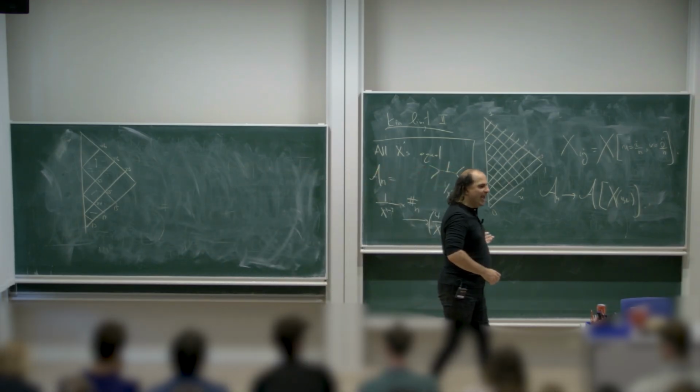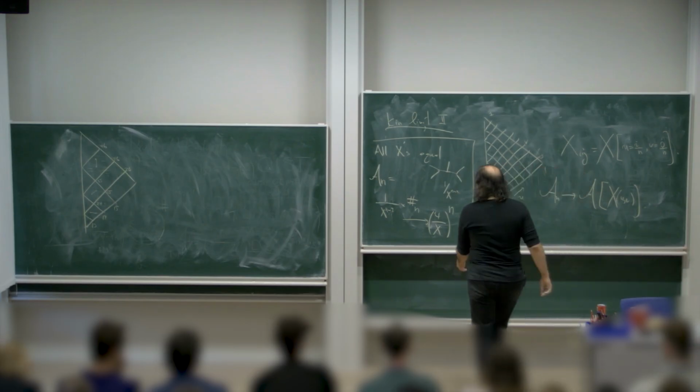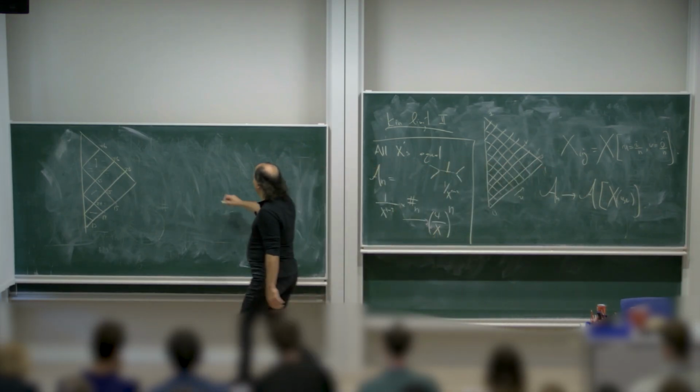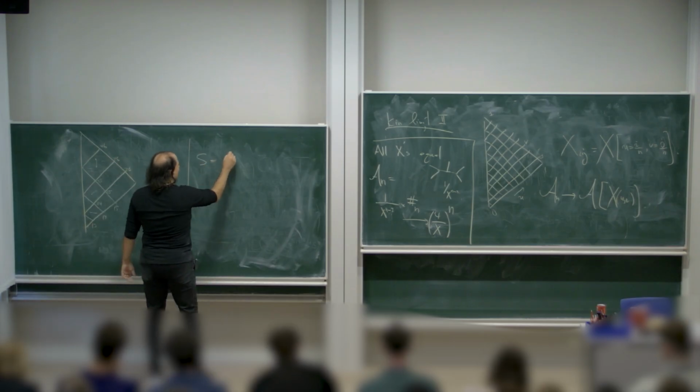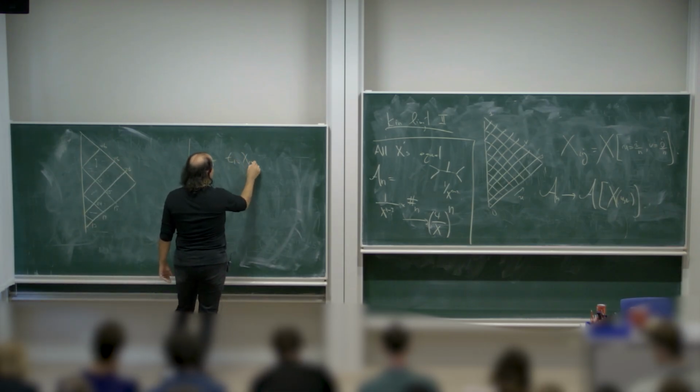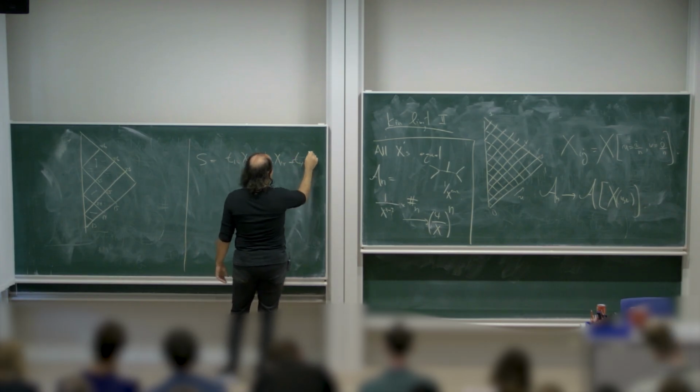And also the amplitude is extremely simple in that limit. If you remember, I erased the action, but let me write it again. My action was t13 x13 plus t14 x14 plus t15 x15.